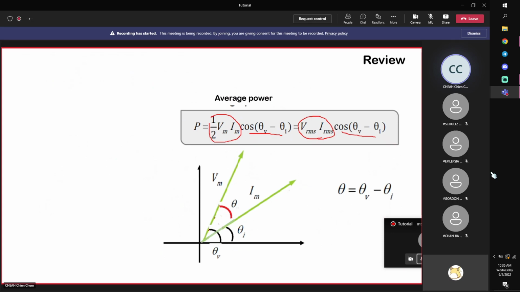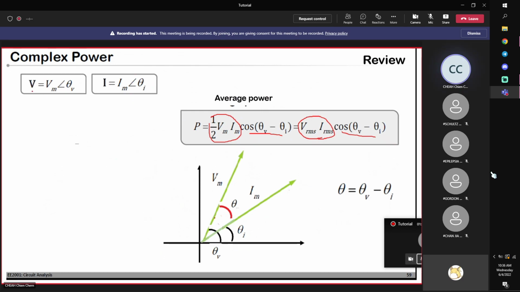You have a voltage represented by a modulus and an argument. You have a current signal also represented by a modulus and an argument, the magnitude and the angle. Which means that V has a magnitude and an angle. This is called the modulus, this is called the argument in mathematical terms. And similarly, we have this magnitude and angle, modulus and argument.